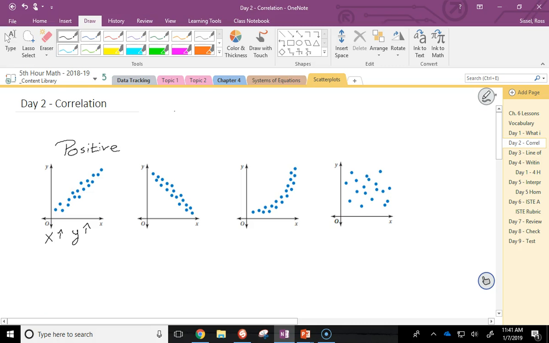If this would have been the graph, and this was my grades, and this was waffles, and I told you, hey, there's a positive correlation between waffles and grades, that would tell you as a mathematician that when I eat more waffles, my grade goes up.